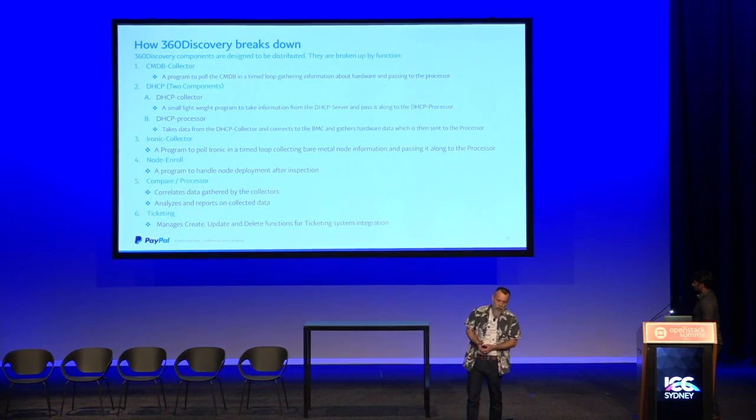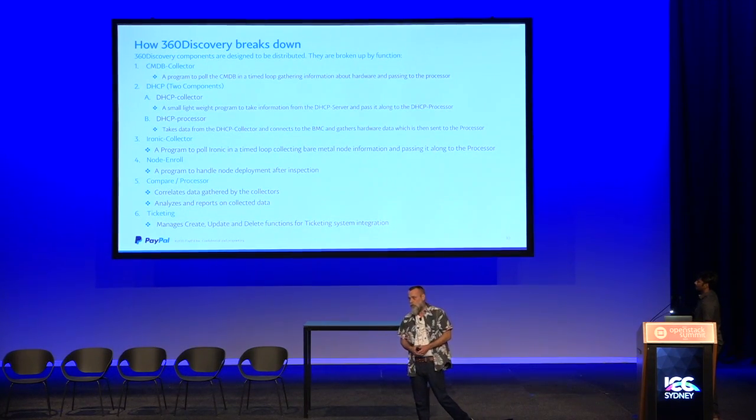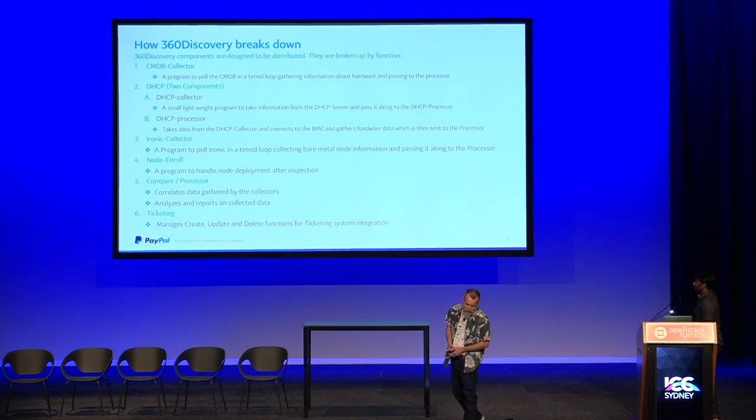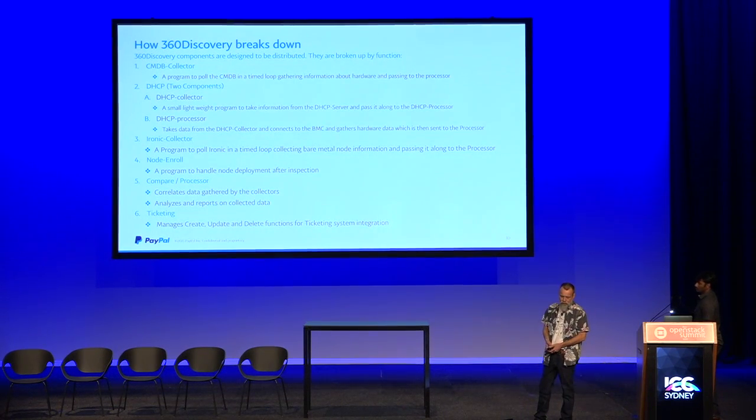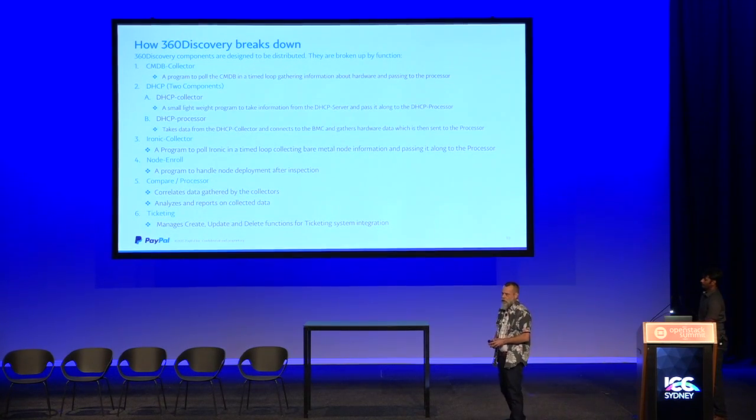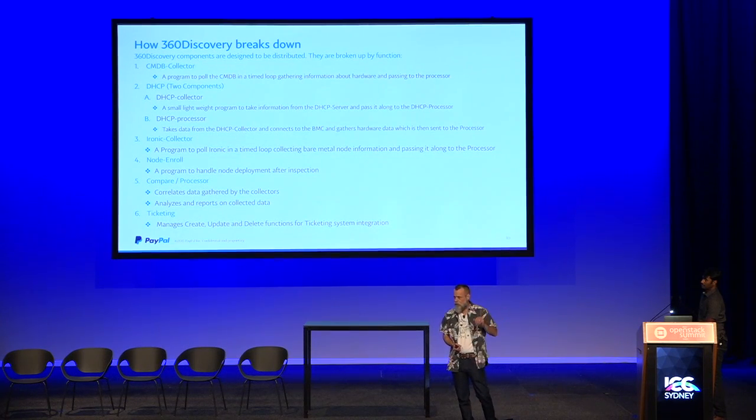Compare, the processor program, correlates all of the data gathered by the collectors, analyzes, reports on what it's found, and marks nodes ready for deployment. And ticketing creates, updates, and deletes tickets as needed for the data center. If a machine is seen continually having tickets created, the hardware can be marked bad and have a vendor come out and look at it or send it back to the vendor.